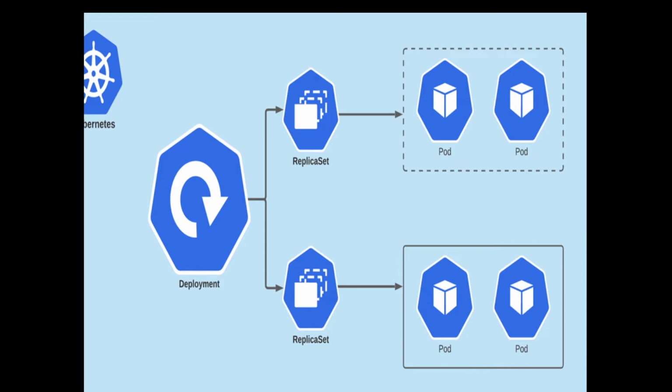Okay. I will show you that the desired and active counts will be 0 there, but it will not be deleted. So if you want to make a rollback, then you can achieve that. So, this is the beauty of deployment.